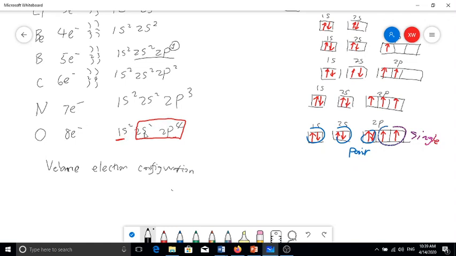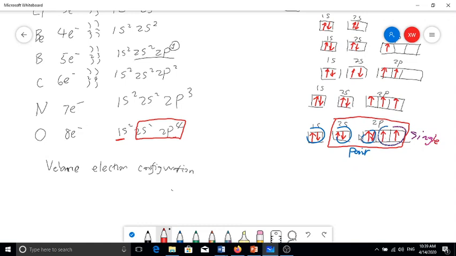For instance, oxygen has a valence electron configuration of 2s2, 2p4. If you highlight it in the orbital diagram, it will be these 6 electrons. You can see 2s2 and 2p4 have 2 pairs and 2 singles. That's basically saying there are 6 valence electrons for oxygen, and 4 of them are paired, 2 of them are not paired, or singles.